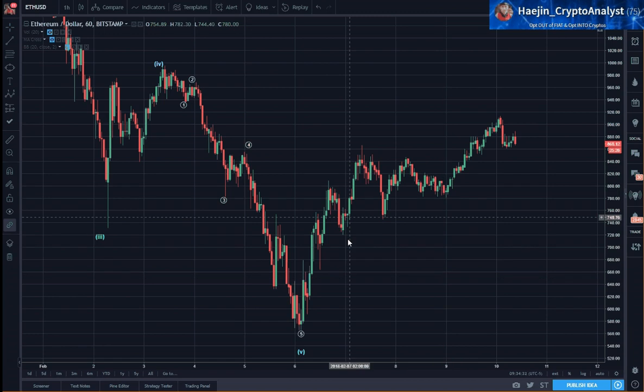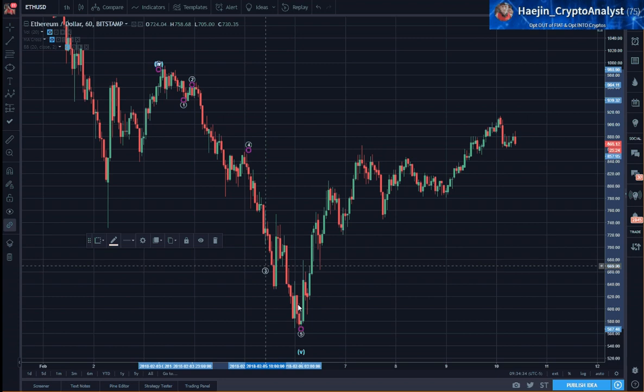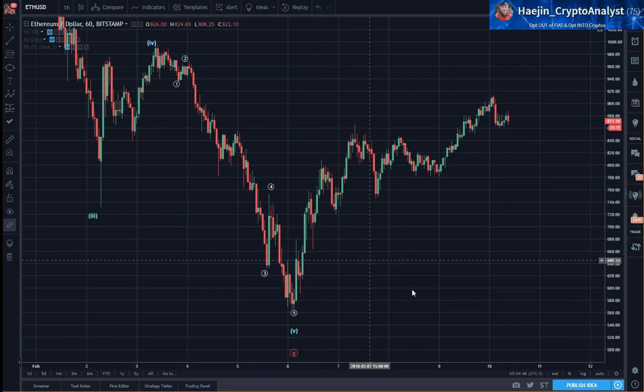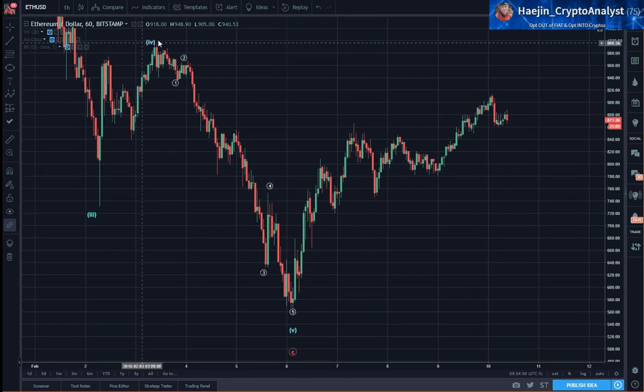But there is a subjective nature to Elliott wave counting. And that is, at the end of the day, it has to look impulsive. It has to look nice. And I feel having it here for wave 3 and 4 will be more ideal.